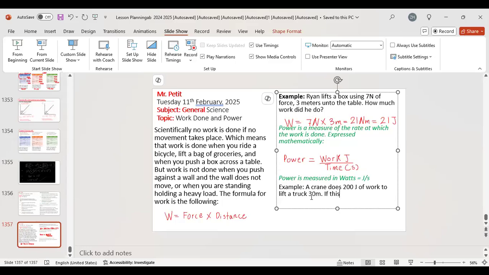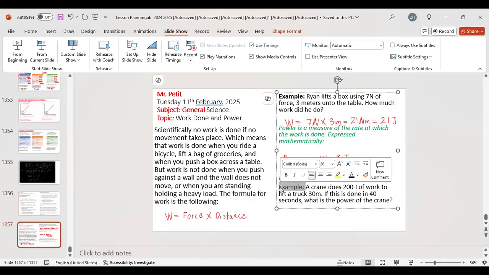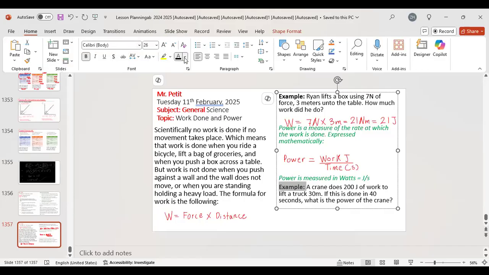If this is done in 40 seconds, what is the power of the crane? All right, what is the power of the crane?